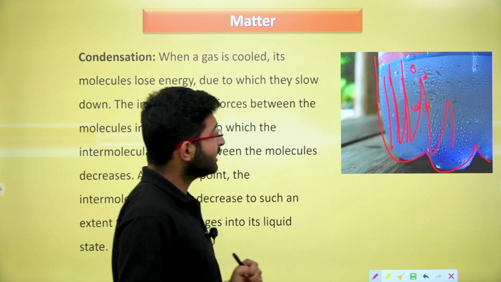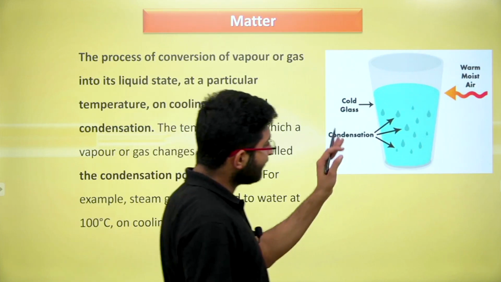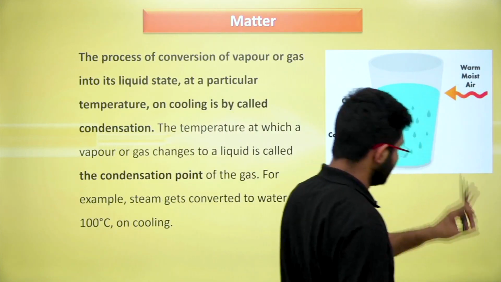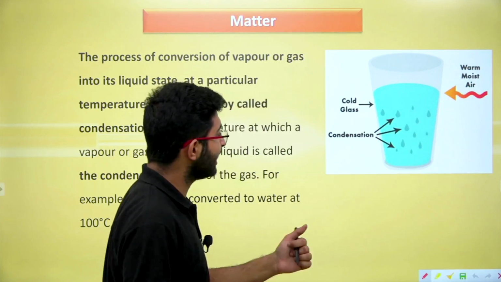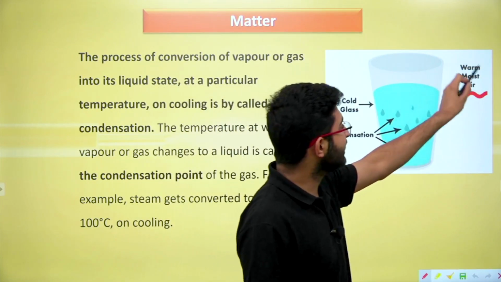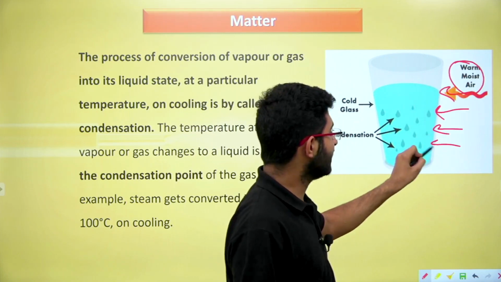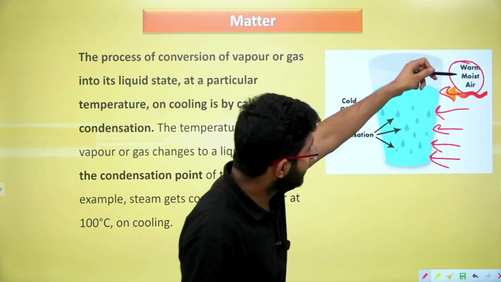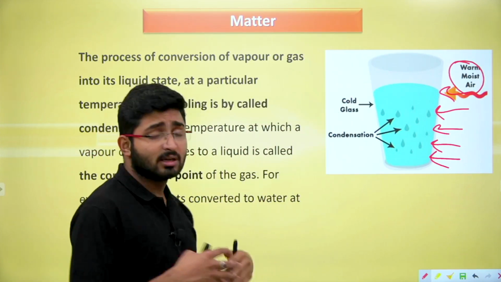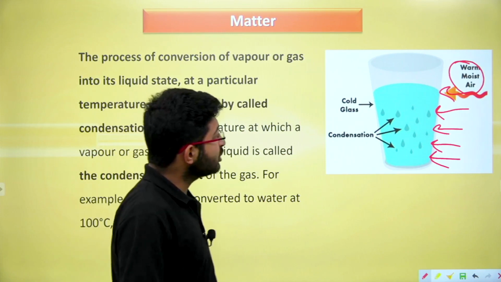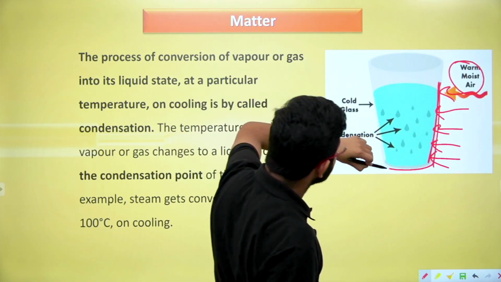So what is happening actually, the basic principle is given here: if you have a cold glass, like in the previous case we took the cold water bottle, what will happen? The warm moist air will collide with the surface of the glass, and because the air has gas molecules with it, H2O molecules are colliding with the glass of water.